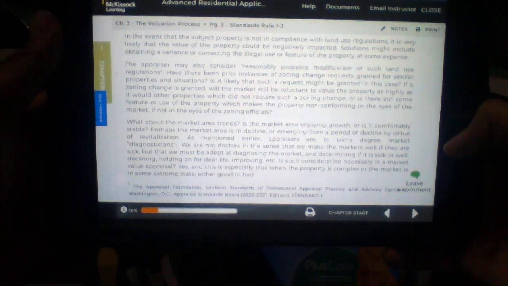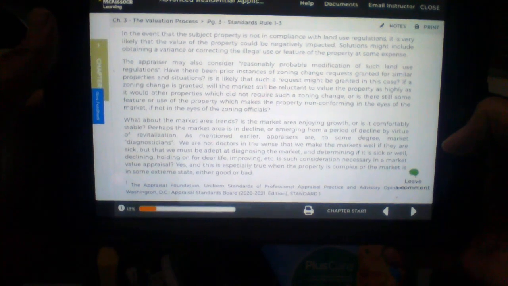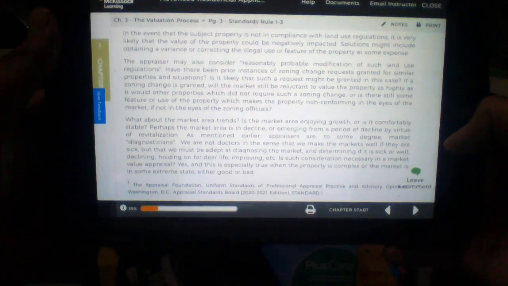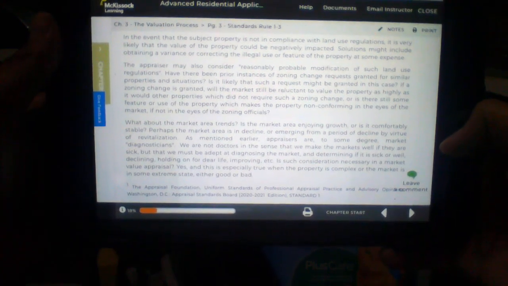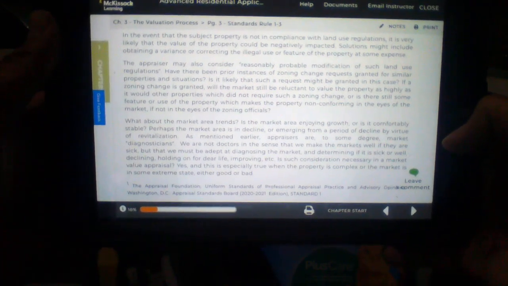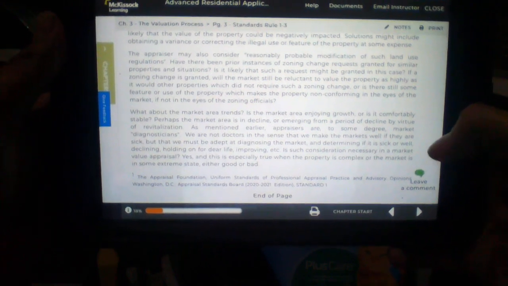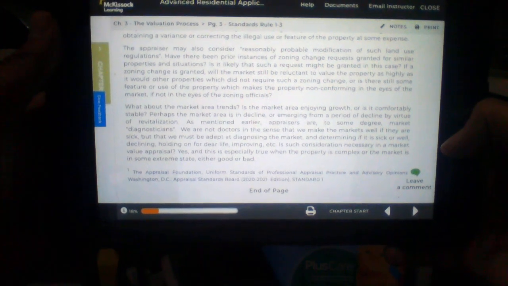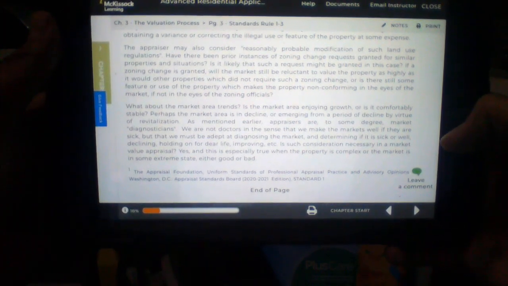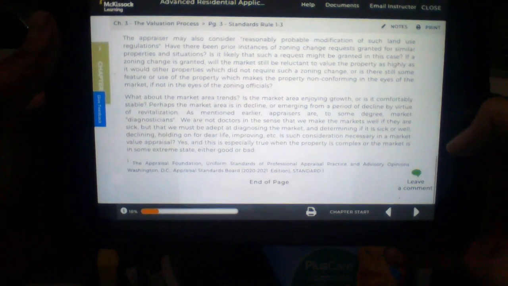In the event that the subject property is not in compliance with land use regulations, it is very likely that the value of the property could be negatively impacted. Solutions might include obtaining a variance or correcting the illegal use or feature of the property at some expense.